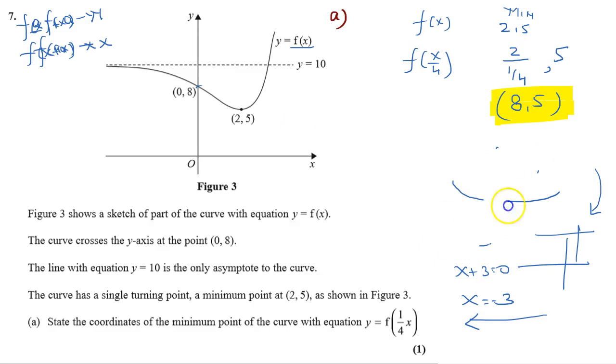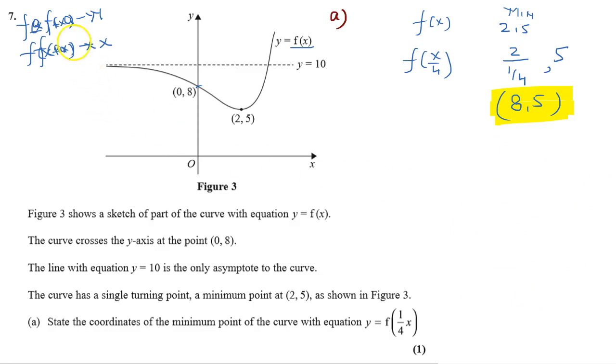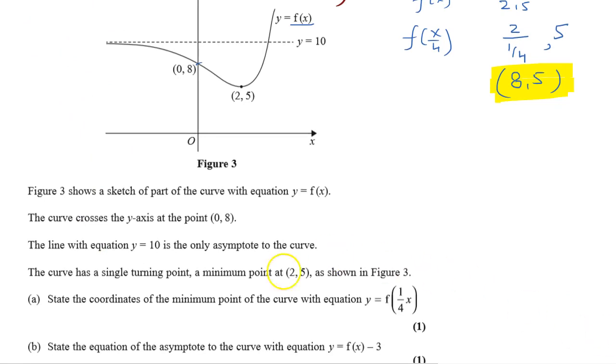Now the second part, part B, is: state the equation of the asymptote to the curve with the equation y equals f(x) minus 3. If you see in this graph, y equals f(x) minus 3 means y is decreasing directly by 3.